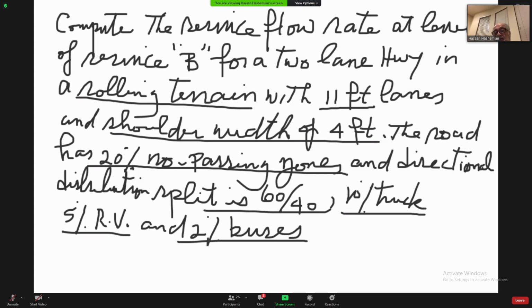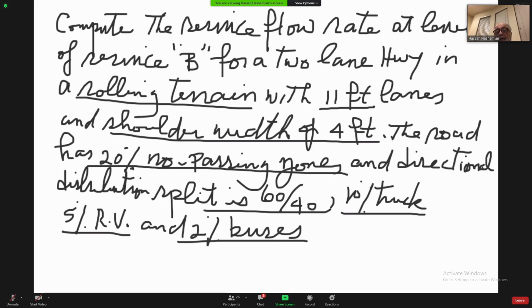Here it has 20% no passing zone. Directional split on the ideal condition was 50-50. Here it is 60-40. There shouldn't be any truck. Here is 10% truck. No RV. Here we have 5% RV. There shouldn't be any buses, 2% buses. So because all of these are different than ideal condition, the service flow, which was 2,800, is going to change. It's going to be lower.